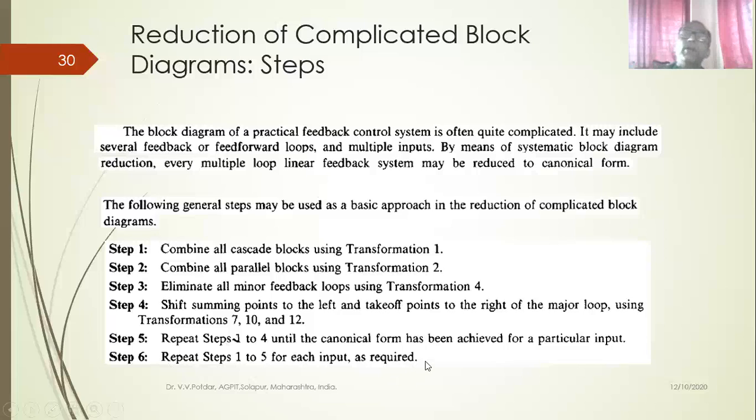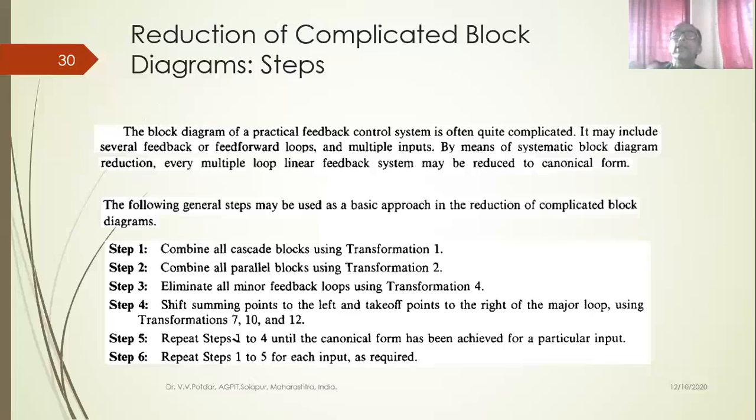Now, till now, whatever systems we have seen were single input and single output systems. In actual real-life control systems, I might have multiple inputs and single output, or multiple inputs and multiple outputs. Multiple input, multiple output systems are called MIMO systems. A single input, single output system is called a SISO system.